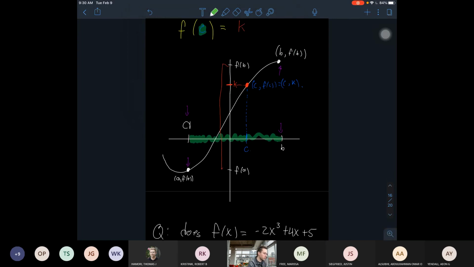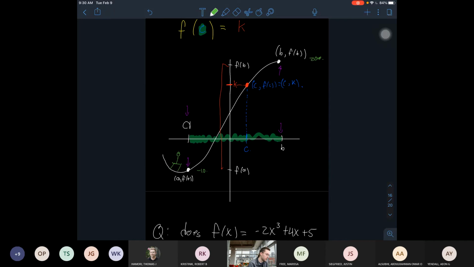If you imagine that you are riding on a roller coaster, what the intermediate value theorem says is if at one point the roller coaster is 10 feet underground, and later on you are 200 feet in the air, then at some point in between, you were at every height in between negative 10 feet and 200 feet. That's what this says.